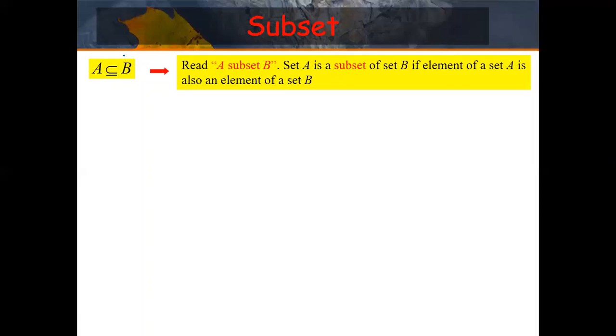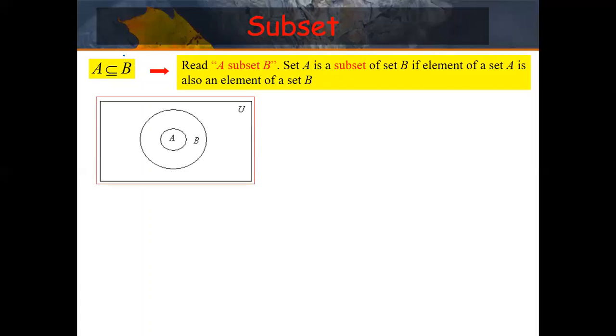If all elements of set A are also elements of set B. So this is the Venn diagram of a subset, because all elements of set A are also elements of set B.